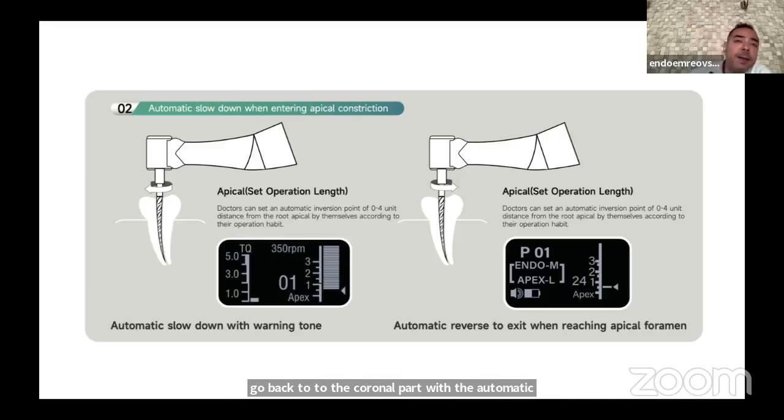For me, I am using the automatic slowdown because I always try to get to the apical easily. So it slows down when it goes to the apical without interfering with the apical constriction. So it's very important. And when it slows down at the apical, I just hear the voice that it's reaching the apical, and I pull my endomotor back to keep it clean and clear.